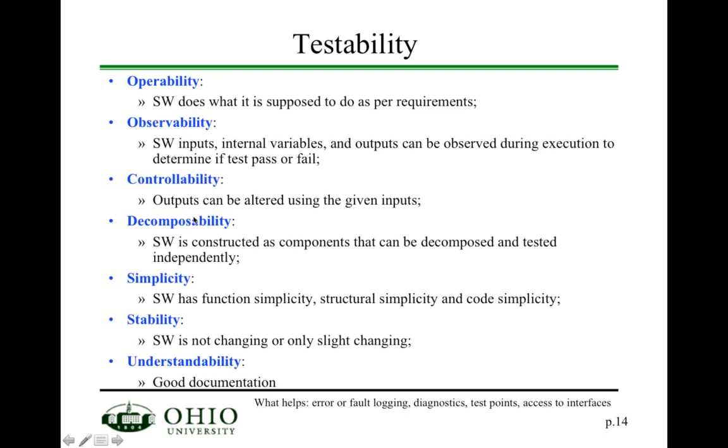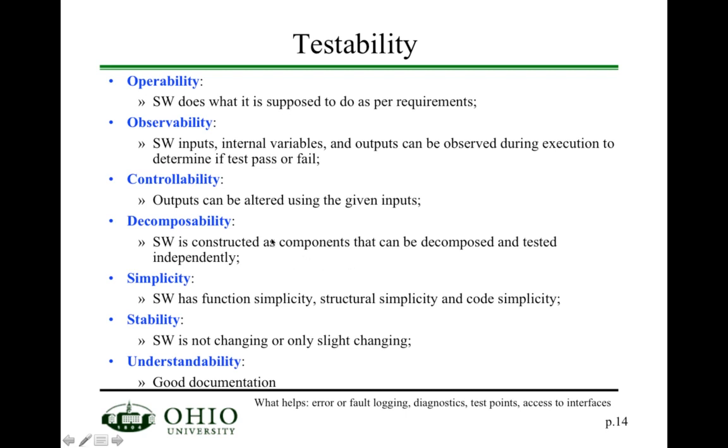Make sure that you can control the outputs by changing the inputs. We'll get back to this when we talk about the modules on verification, modules 8 and 9. Make sure that you can break down the code into components, so these components can be taken and tested independently.